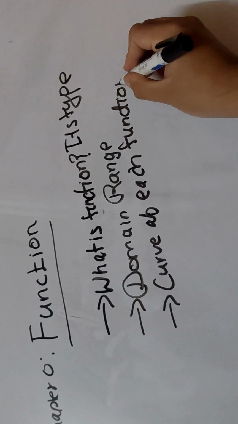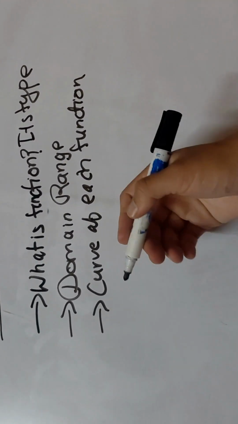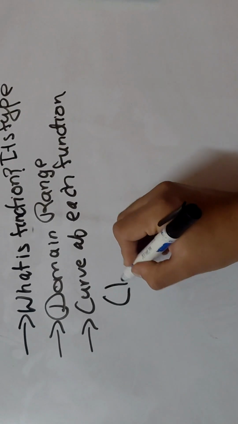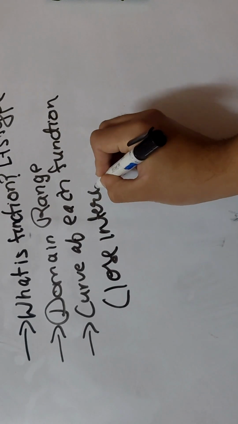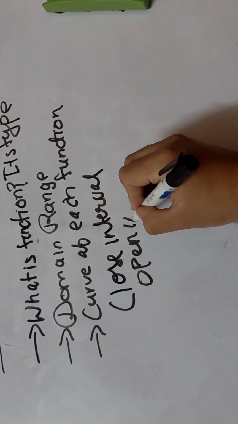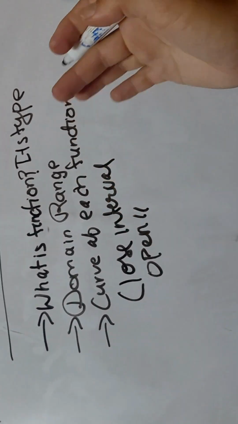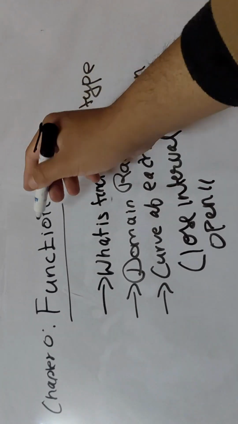So थुप्रै कुराहरु हामीले डिल गर्ने हो. And after this we also need to know about what is closed interval, what is open interval, and यस्तै थुप्रै कुराहरु हामी पढ्दै गइरहेको छौं यो chapter 0 अथवा chapter function मा.